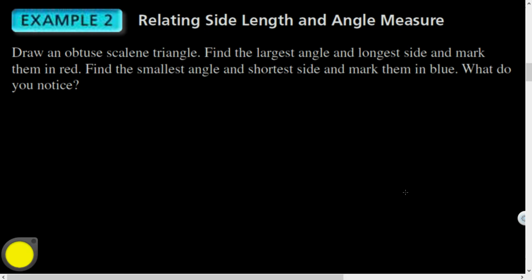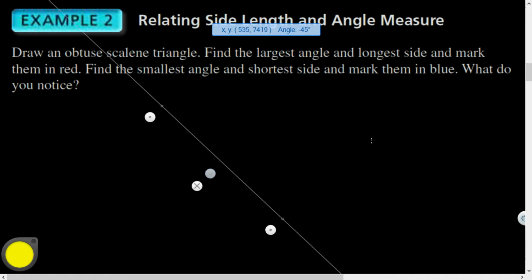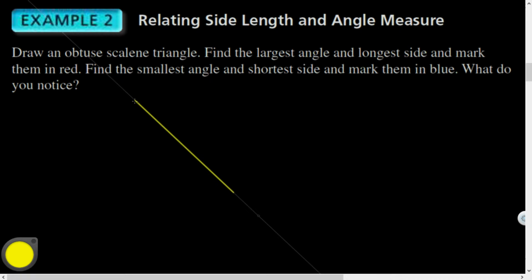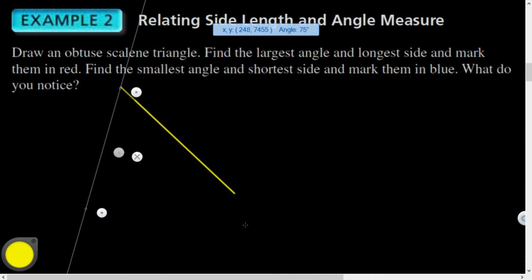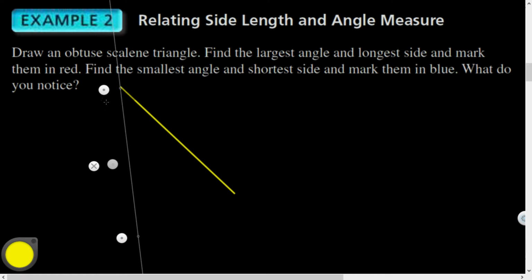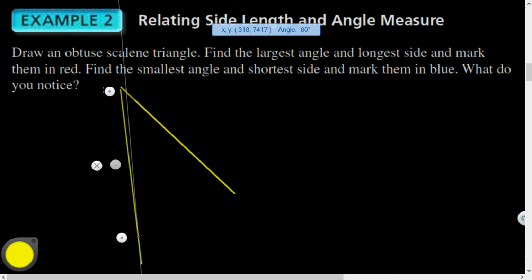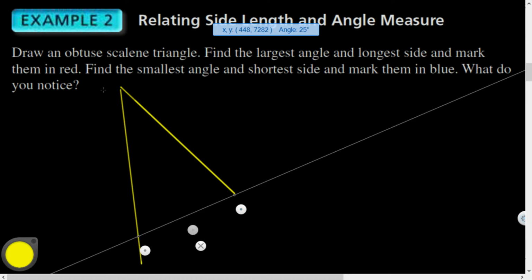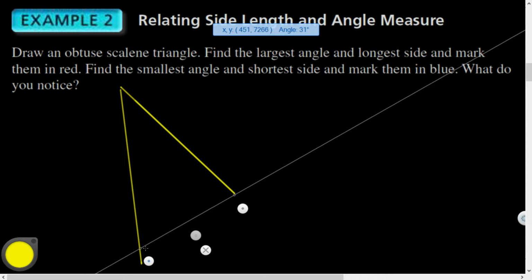So let's talk about relating side length and angle measure. All right, so you guys, you can draw. Let's draw a scalene triangle. Everyone draw their own triangle.